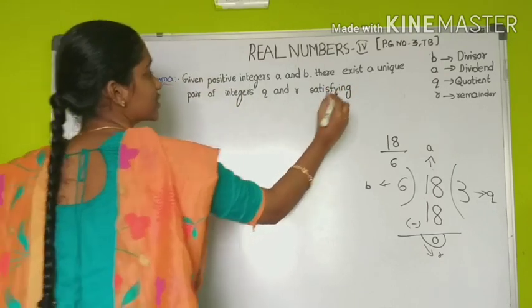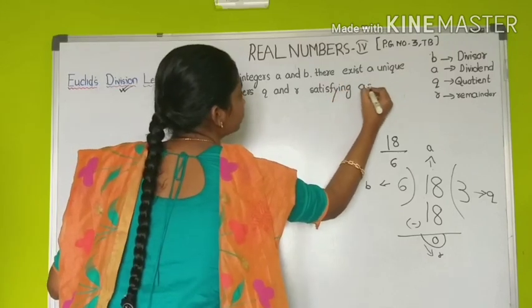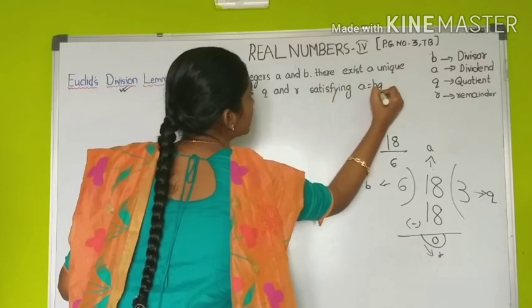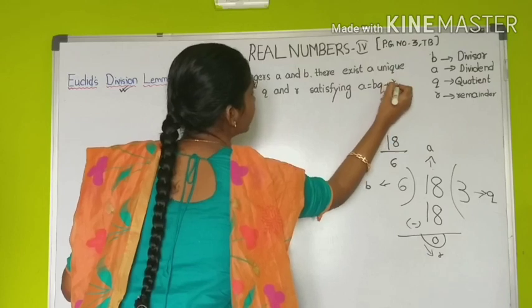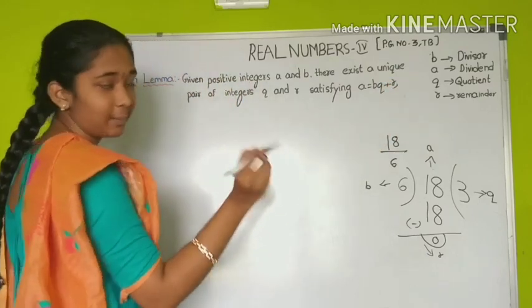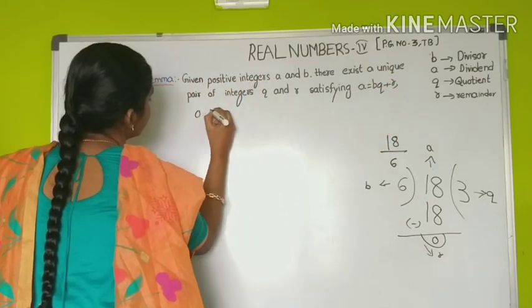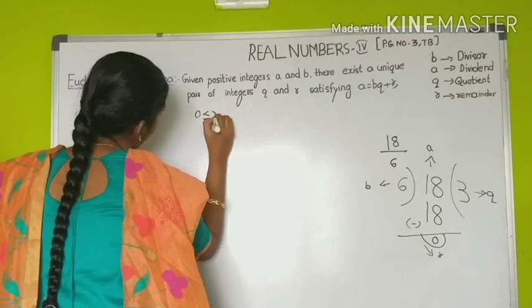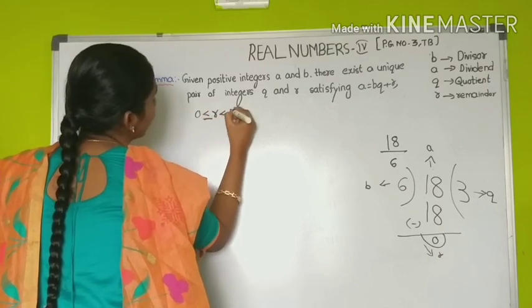Here we have an equation, that is a is equal to b into q plus r, and there is another rule for the remainder, that is 0 is less than or equal to r, and r is always less than b.